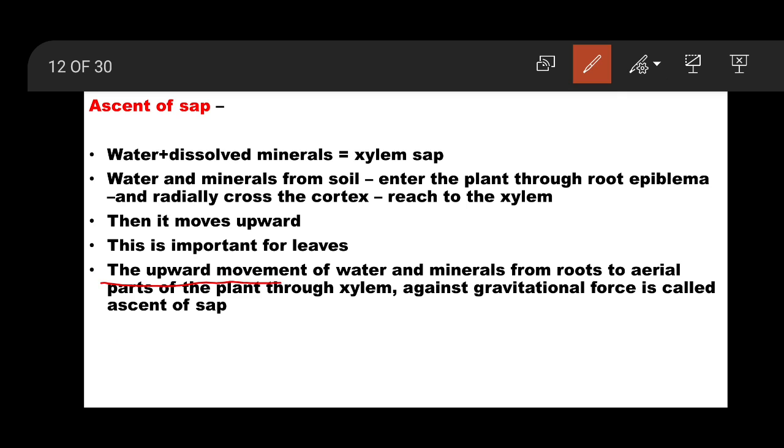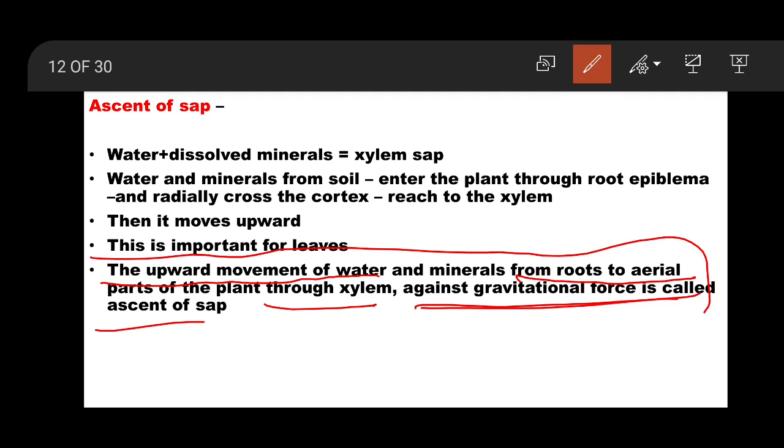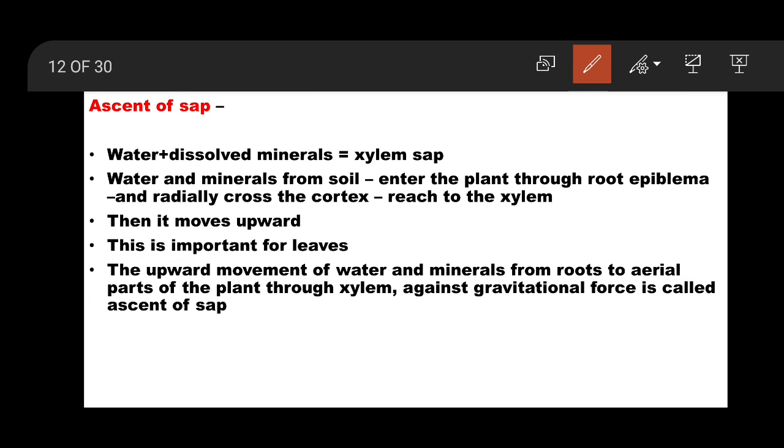The upward movement of water and minerals from roots to aerial parts of the plant through xylem, against the gravitational force, is called ascent of sap. If in an examination they ask for the definition, you should write this directly. If the question is asked for 1 mark or 2 marks, you should simply write this definition and you will get full benefit of it.